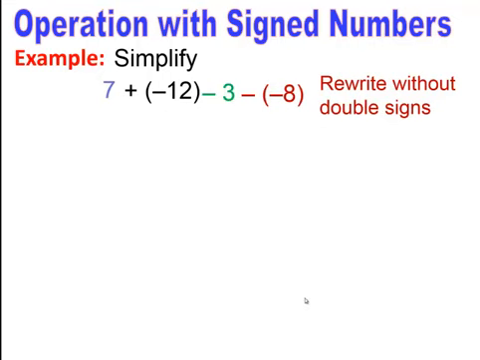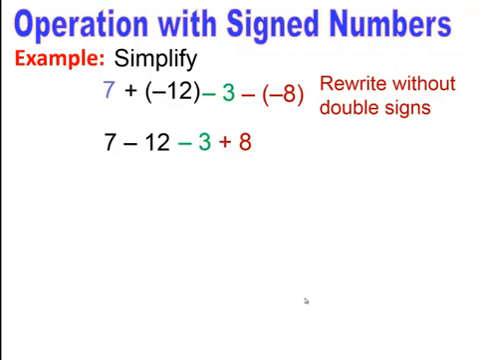When you see the plus minus, a plus minus will turn into a minus. Bring down that negative 3, and then notice here I have a double negative, a negative negative. So now that's going to change to a plus.